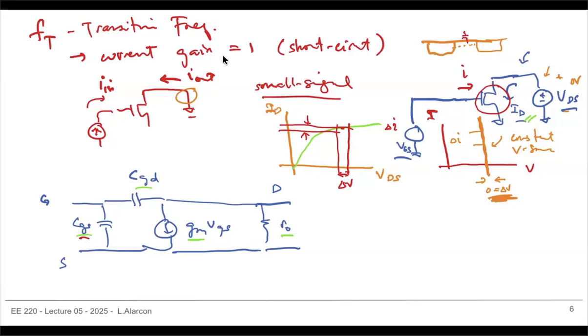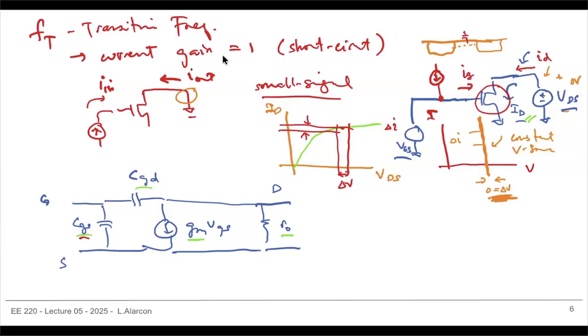Now, this is a bit tricky, and you see this in the homework. It's actually nice to be able to just inject a small signal current here, and I want to measure the small signal current over here, a drain current, and let's say this is a gate current.